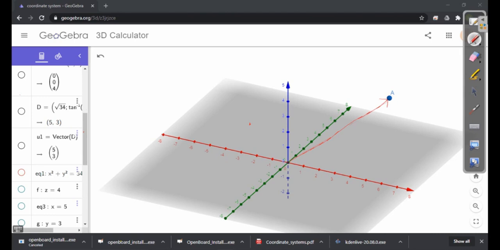Another thing is at which angle I have to move. The third thing is at which angle I have to move with respect to the z-axis, because I am not only moving in this direction. Instead I am moving like this. So I need two types of angles and one length.